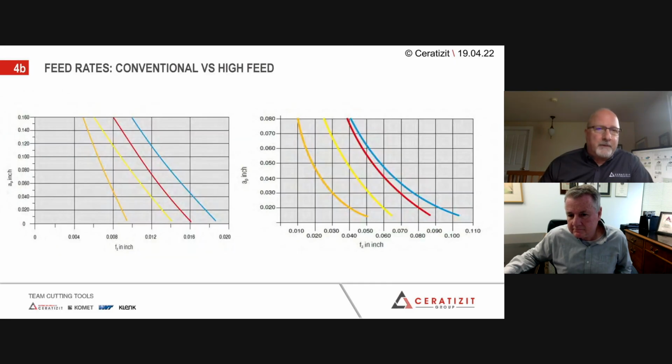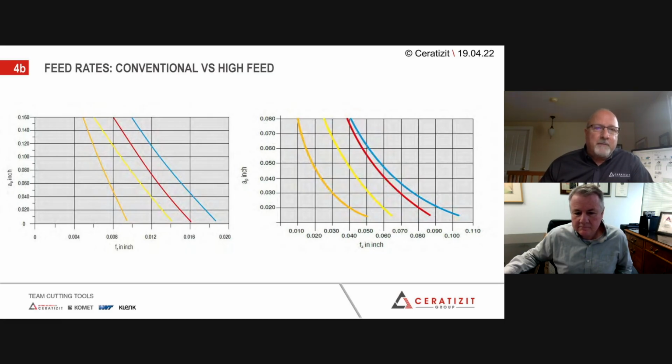Here's a good example. On the left is a conventional set of data for a milling system that is not high feed. And then on the right, you see a milling system that is high feed. So if you look at the values, you can see that at moderate to medium depths of cut, you're anywhere from 3 to 5 times the feed rate for a high feed system.